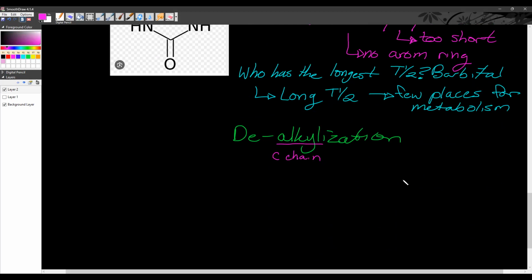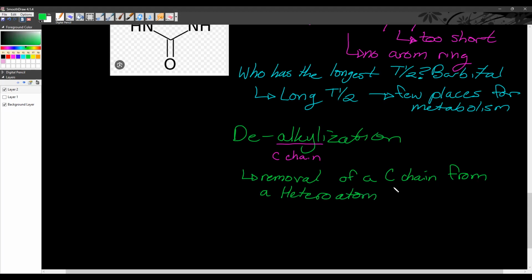So when we talk about dealkylation, we are talking about the removal of a carbon chain from a heteroatom. So we're talking about oxygen, nitrogen, or sulfur, although you guys haven't talked a lot about sulfur. It's also sort of rare in drugs.